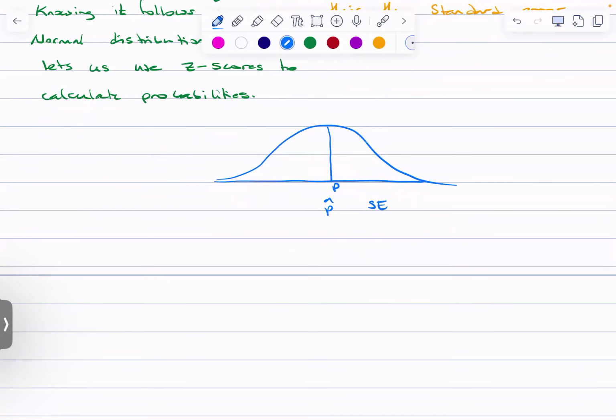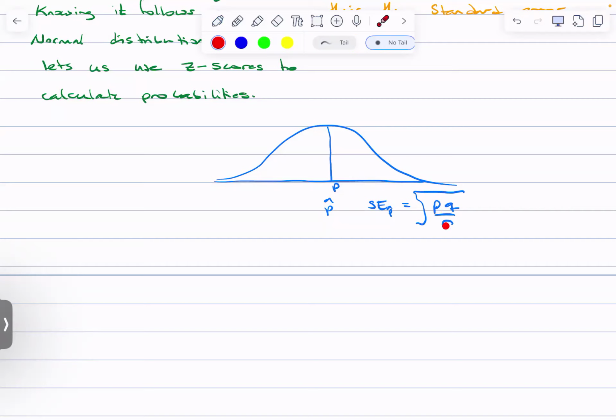The standard error of p hat, usually we denote SE with a subscript p hat, because there's going to be a standard error for all our point estimates. This is our first one, but it's good to get in the habit. It is generally the square root of pq over n. Now, the problem is we don't know what p is, and that means we don't know what q is.